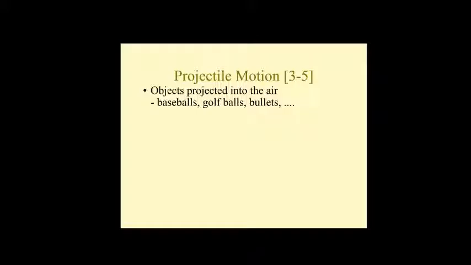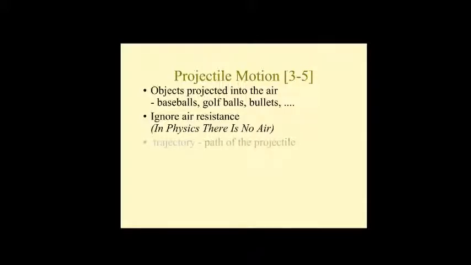Things that have propulsion, like rockets or airplanes, are not necessarily projectiles. We ignore air resistance. So the saying is, in physics, there is no air, at least at this time, because we want to look purely at the physics and not worry about air resistance and such.